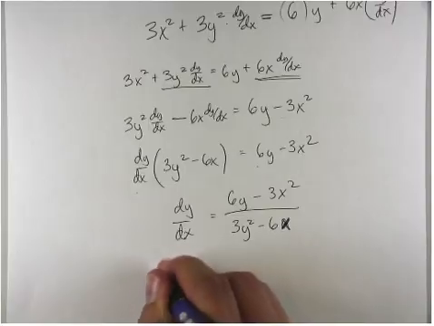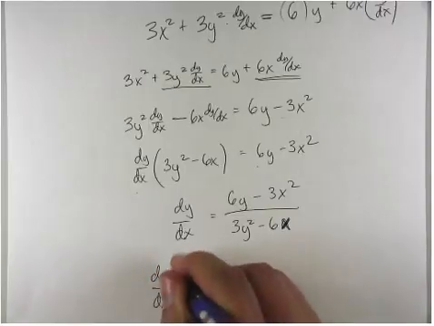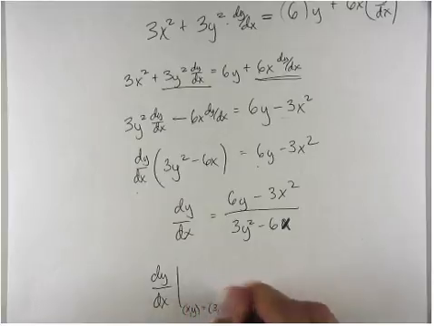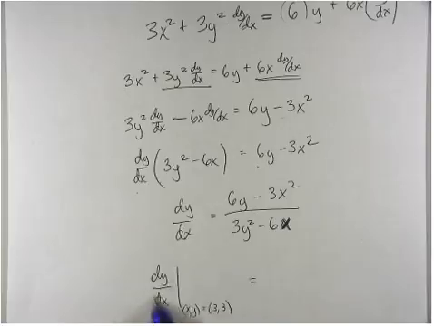So writing this in Leibniz notation is painful. Here's the derivative dy/dx evaluated at the point where x, y is equal to 3, 3. This is why Leibniz notation is painful, but this is the way that it might be written. And then I just have to plug and chug here. I'll just plug 3's in.